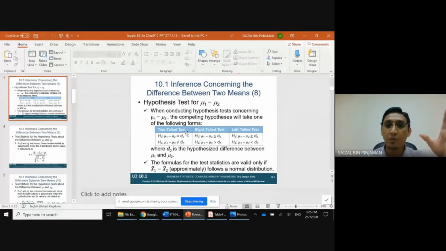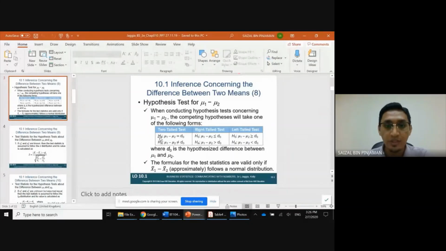In the one tail test, we have two different situations: right tail test and left tail test, both belonging to the one tail test. In the two tail test, we want to test whether we reject the H null or fail to reject the H null.